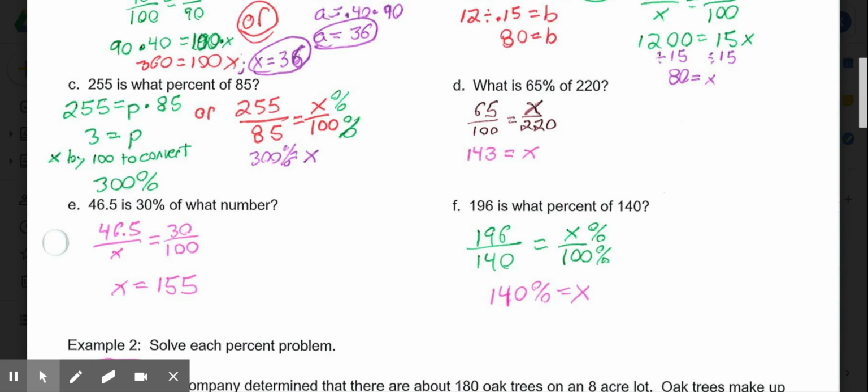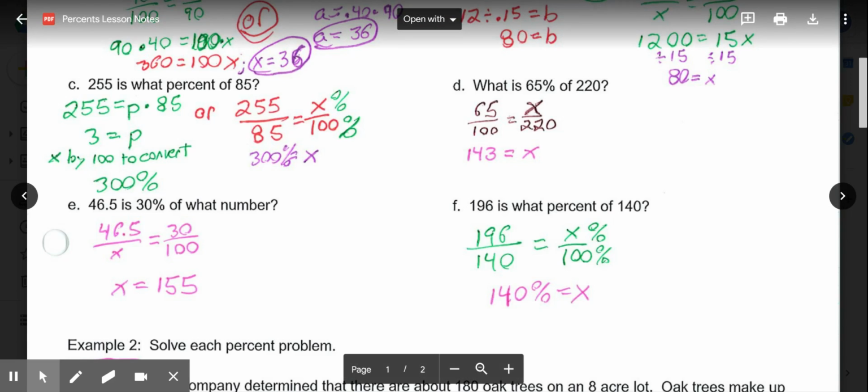Then cross multiply 100 times 255 and then divide by the 85, which would give us our answer of 300%. It makes sense because 255 is bigger than 85.